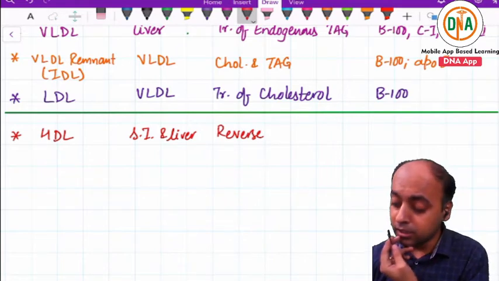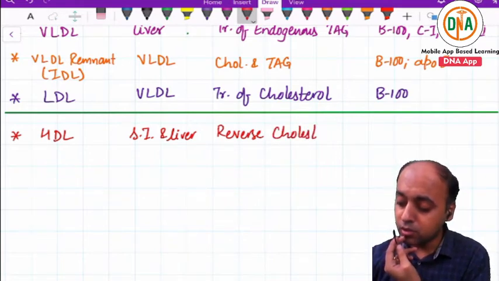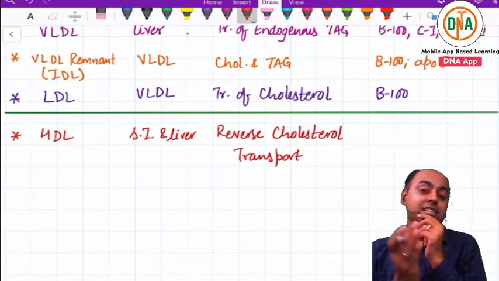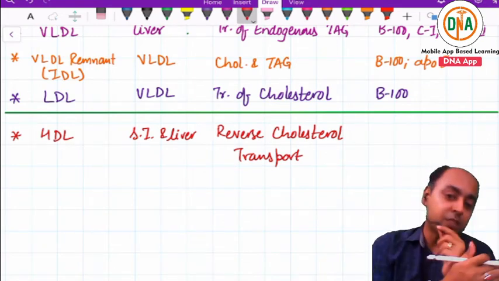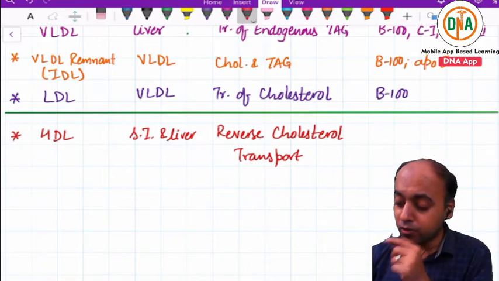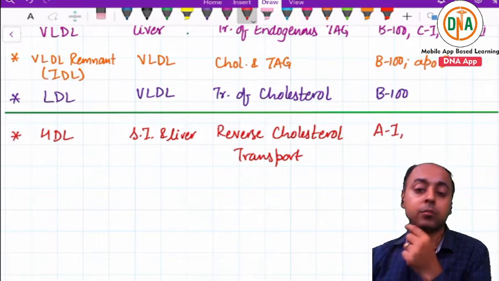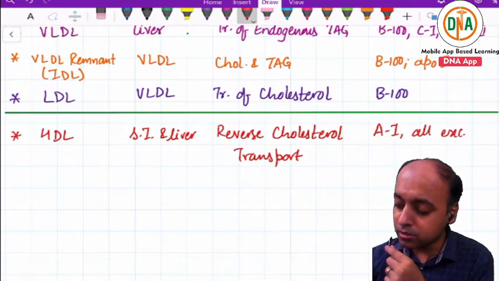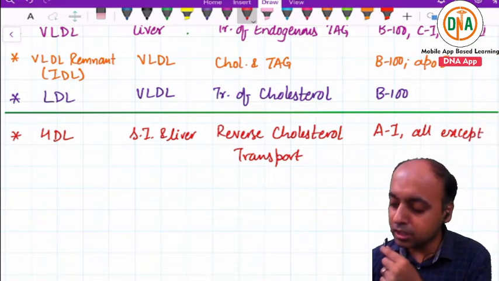We call it reverse cholesterol transport. Normally all the lipids are going to the extrahepatic tissue, but HDL is taking the cholesterol from extrahepatic tissue back to the liver. Now the marker for HDL is A1, but it contains all apolipoproteins except the B series.